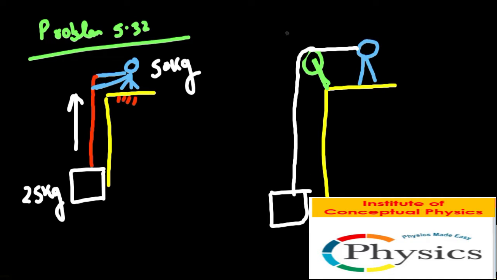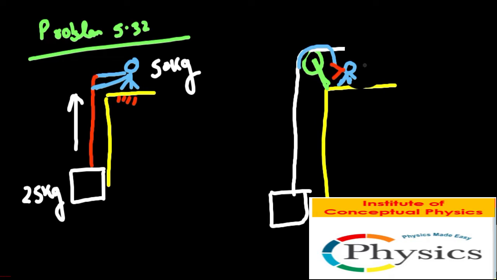And let me just do some corrections in the diagram. The man is actually standing somewhere here, okay? And the string is coming down, and this is where his hands are, okay?